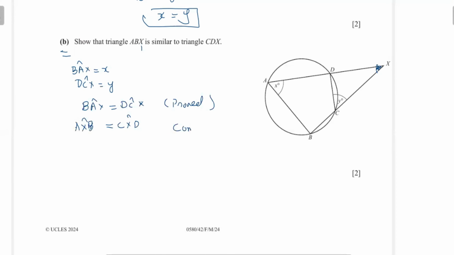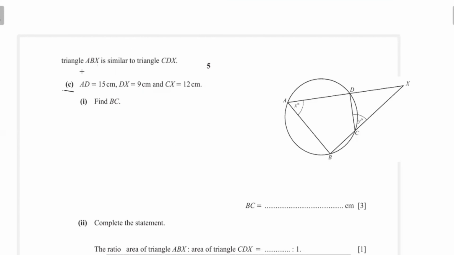Therefore, we write here common. When two angles of a triangle are equal, the triangles will be similar. Therefore, we write here triangle ABX is similar to triangle CDX. The reason is AA is the property, and this is the proof.